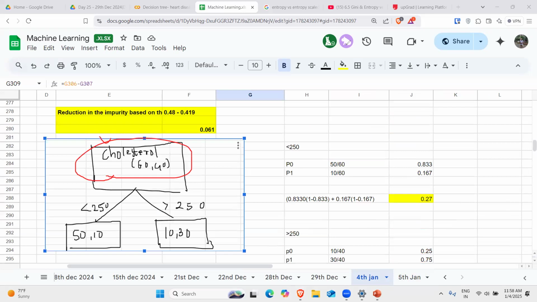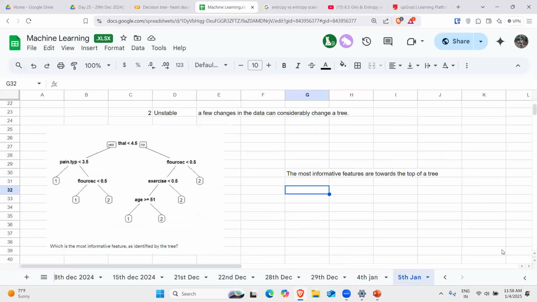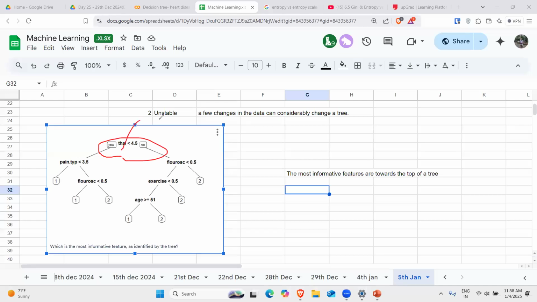In this example that we have, thal less than 4.5 is taken as the first split because if you split based on thal less than 4.5, you are able to achieve maximum information gain. You are able to achieve the maximum information.